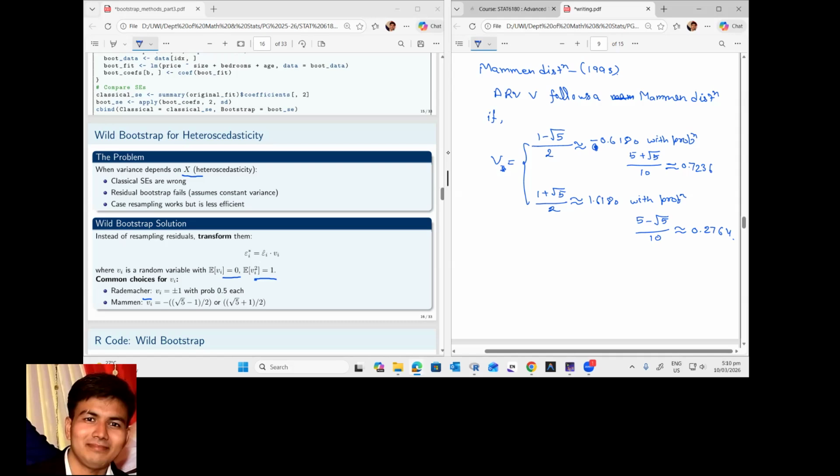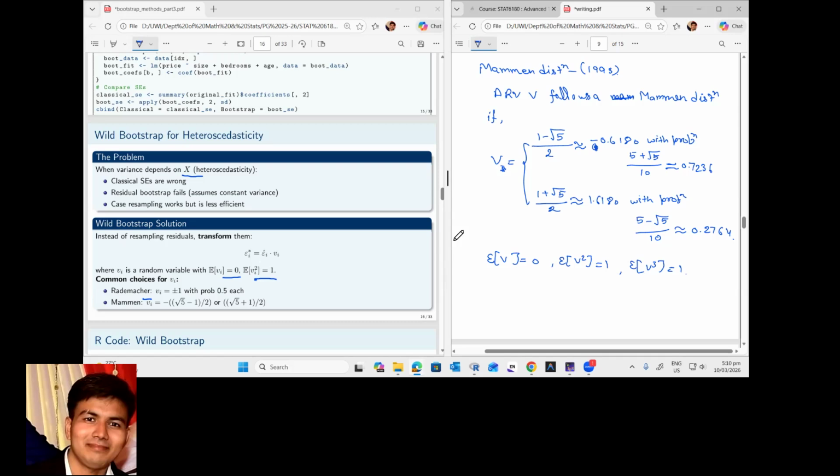So the total probability will be 1. Again, the key property of this distribution is that the expected value of V is 0, the expected value of V squared is 1, and the expected value of V raised to the power 3 is 1. Alright, so this is the key property of this distribution.